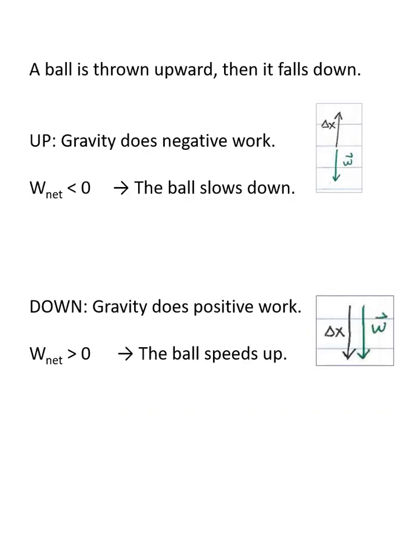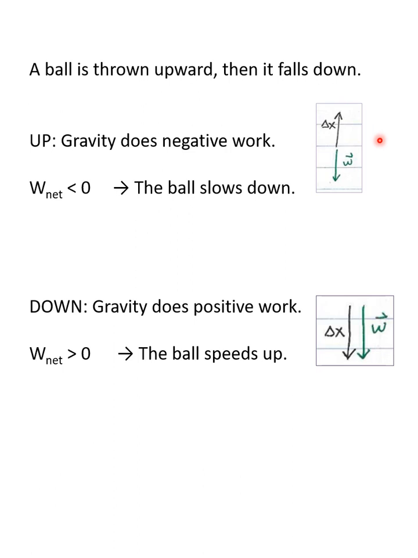So now let's relate this to the example of a ball that is thrown straight up in the air, and then it falls back down to its original position. While it's going up, there is only one force acting on it, and that's gravity. So the work done by gravity is the net work done on it. Gravity does negative work.